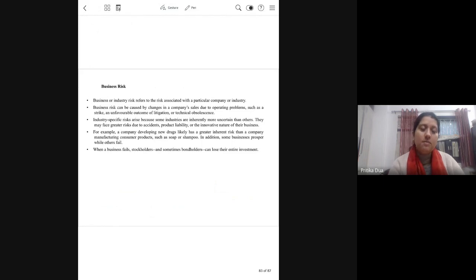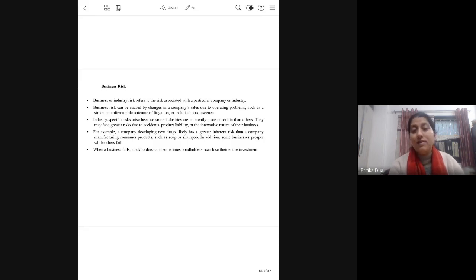Like I was talking about Maruti Suzuki, and the same applies to Honda, Hyundai, Tata Motors. If the government today increases the excise duty on automobiles, diesel and petrol, then all the companies that fall in this sector get impacted. This is business risk, which is applicable to all the firms in a particular sector or industry.